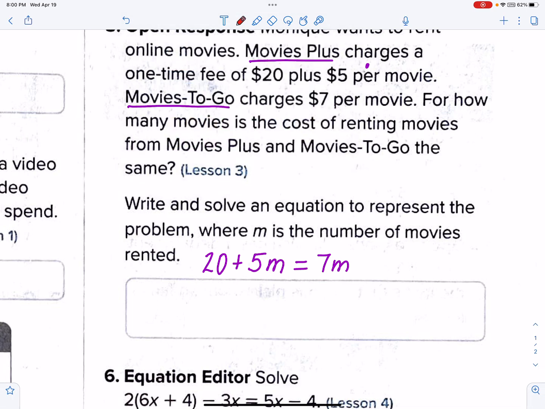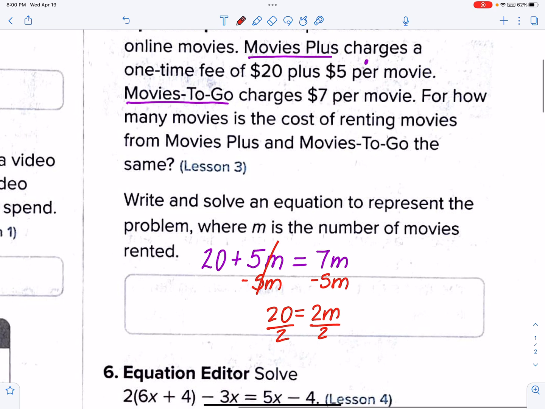So let's go ahead and walk through this. We'll subtract M from both sides, and that cancels that out. And we end up with 20 equals 2M. Divide by 2 on both sides, and we end up with M equals 10. And so think about that.